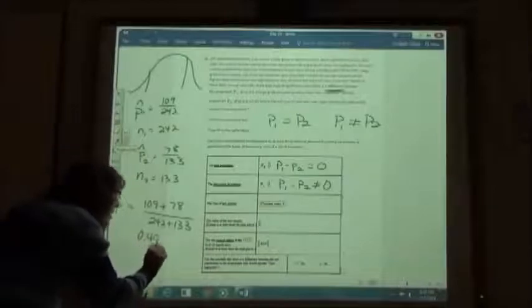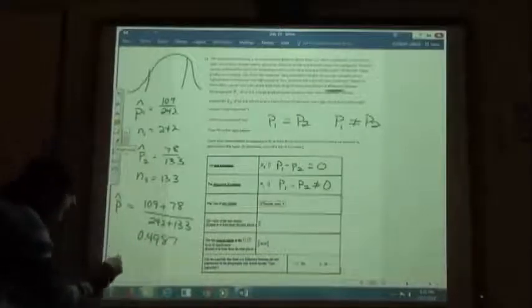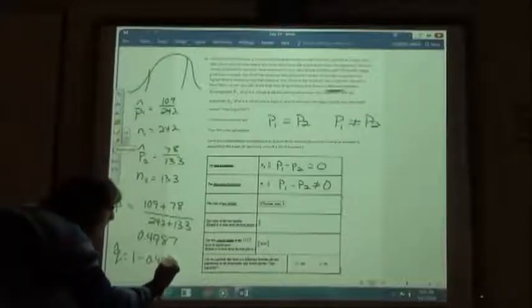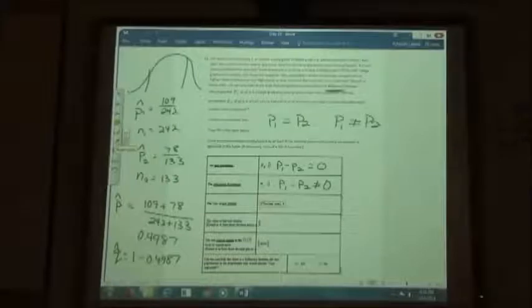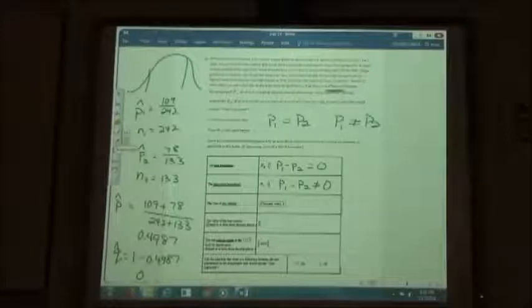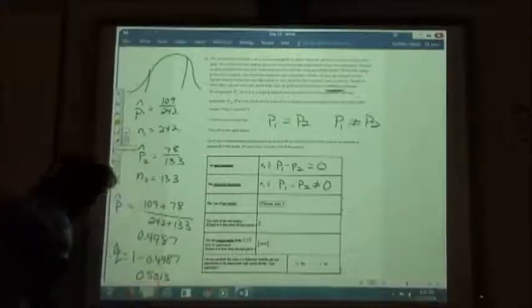And 0.4987. My Q hat is 1 minus that value. So 1 minus 0.4987 would give me 0.5013.